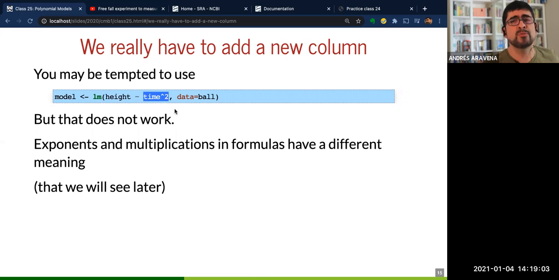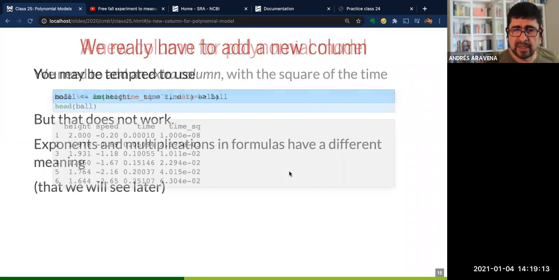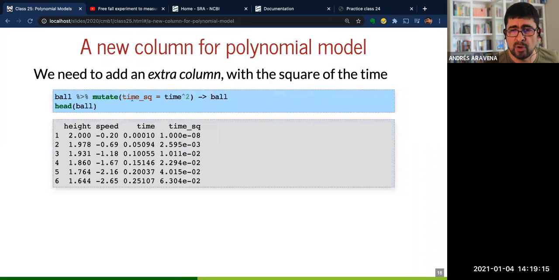If you try, something will happen that we will talk about later, but you cannot do the model with time squared directly. You need an intermediate step: you need to create a column that here I am calling time squared.